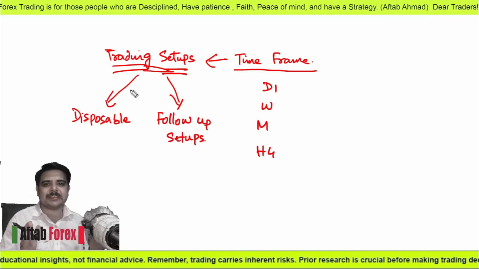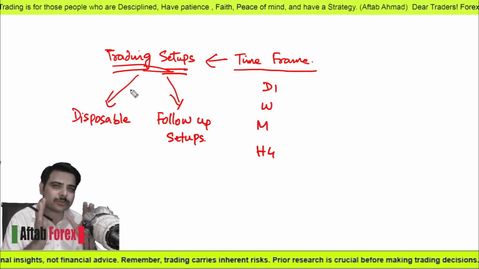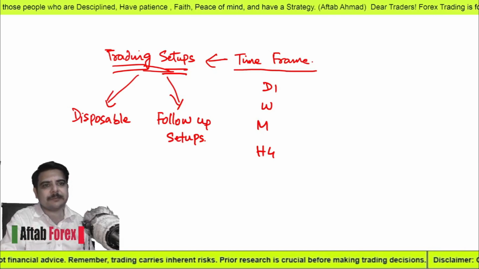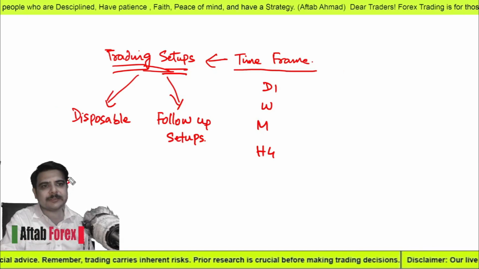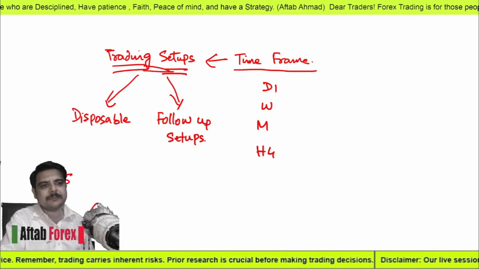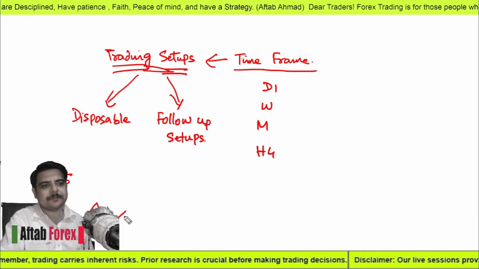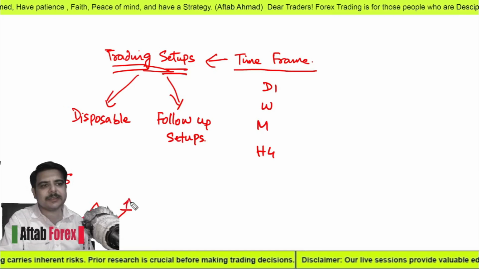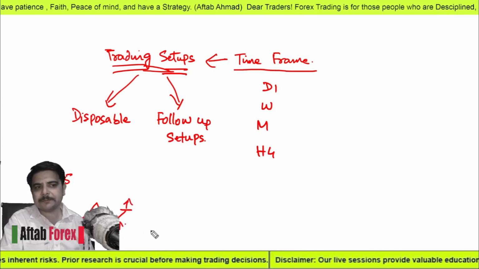What I have seen in my trading career is that most traders, let's suppose this is M15, if they see something like this, immediately enter a buy right here, maybe even a buy right here.